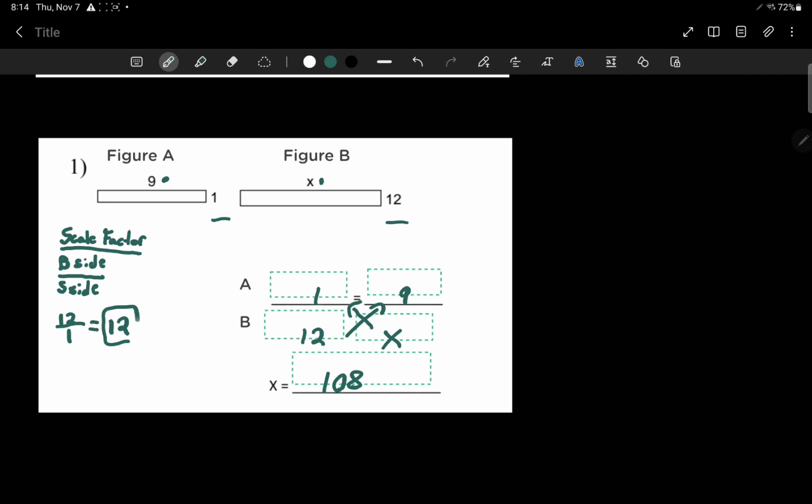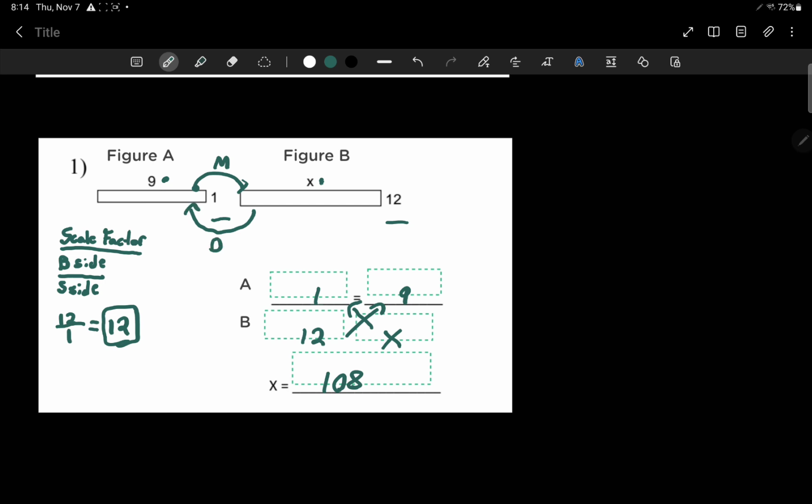So I know I have 12. That's my scale factor, but what can we do with this? The scale factor is either going to get multiplied or divided to one of the sides, respectively, in order to get the corresponding side that you're looking for. So if you go from small to big, you multiply. If you go from big to small, you divide.